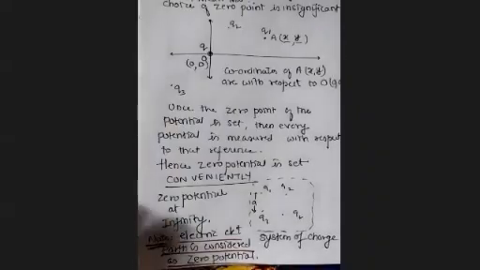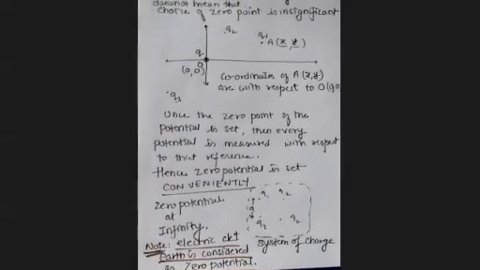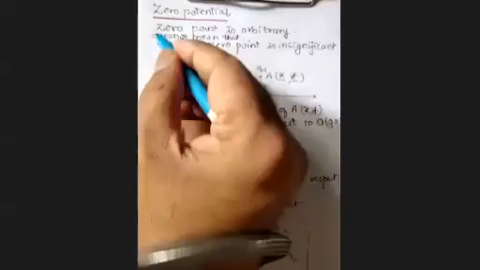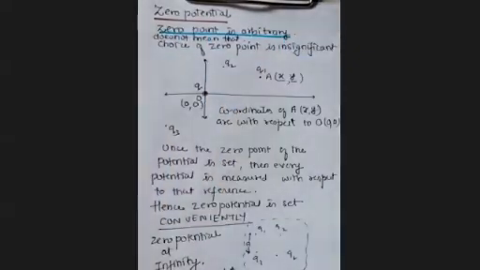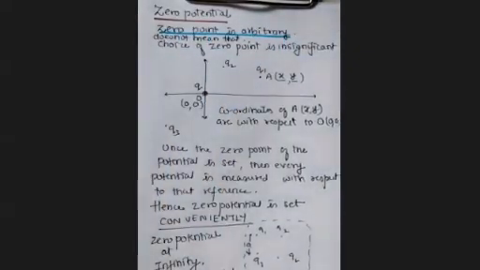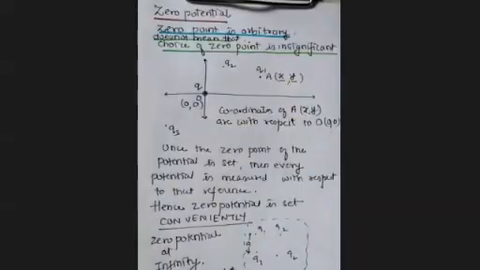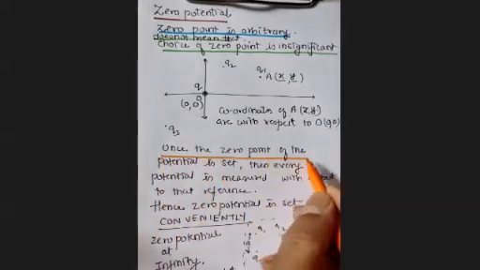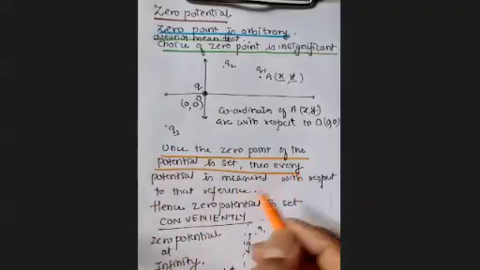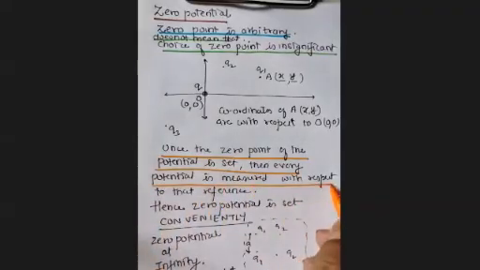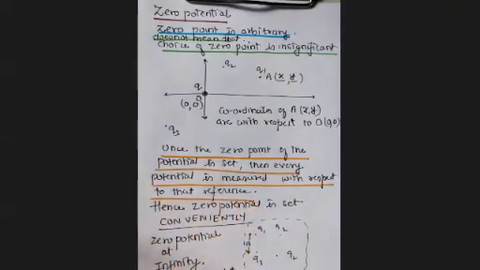So in the above statements, we discussed the zero point, which is arbitrary. It does not mean that the choice of the zero point is fixed. It is not fixed. It varies. Once we set the zero potential point, every potential measured will be with respect to that reference only.